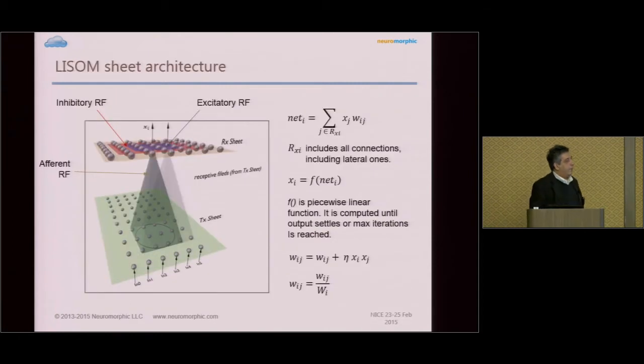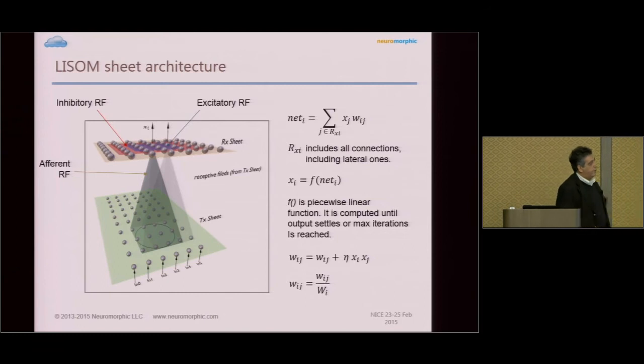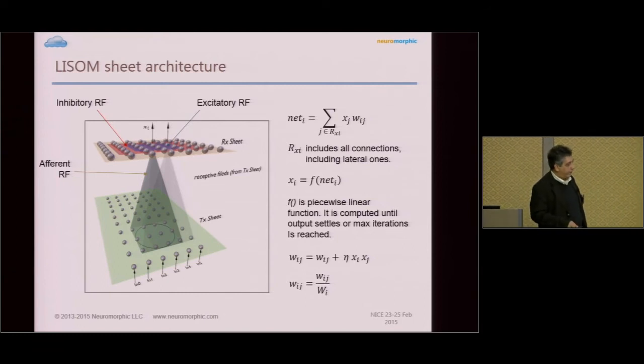So for the laterally interconnected self-organizing map, there's quite a large body of literature on this. This is really a version of it that evolved as work has proceeded on this. What you basically have is an input sheet, which is named here TX, and a target sheet, the RX sheet.